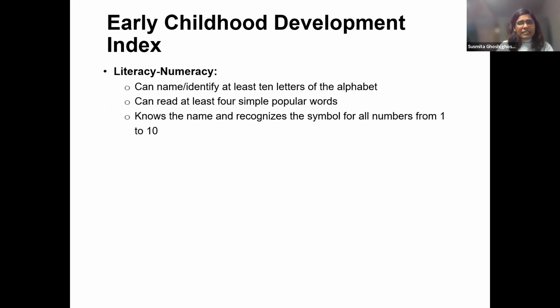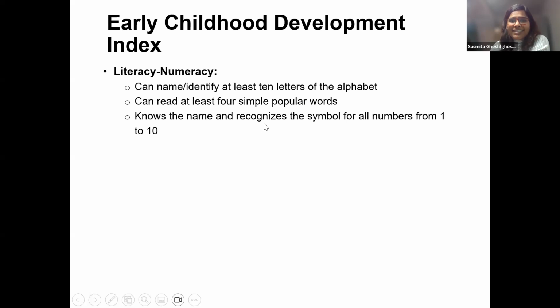And in the literacy-numeracy domain, suppose we ask three questions to the caretakers or the mothers. The questions are: can the child name or identify at least 10 letters of the alphabet, can the child read at least 4 simple popular words, and does the child know the name and recognize the symbol for all numbers from 1 to 10.